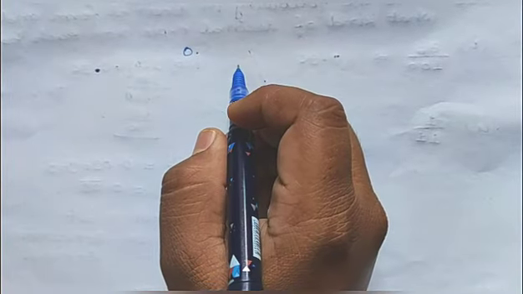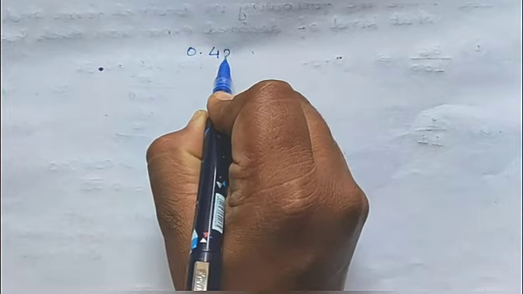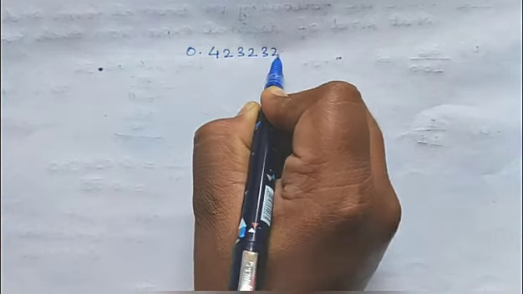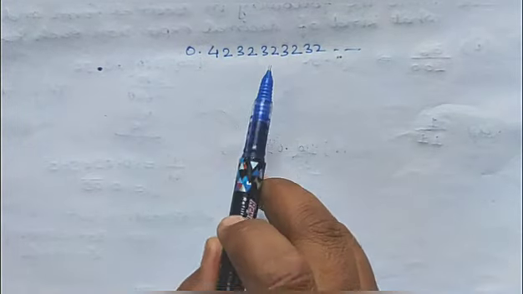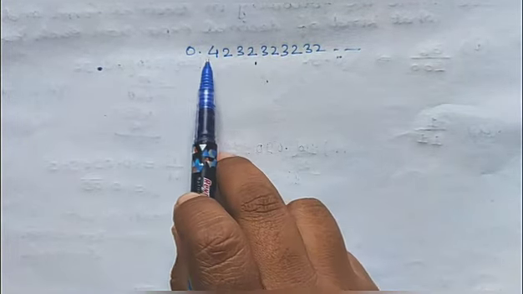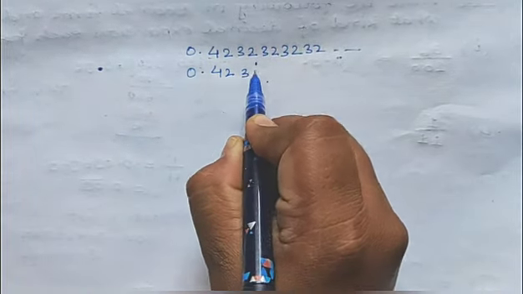See students, one more example I want to give here. If the number is like this, 0.4232323232 and so on, it means 32 is getting repeated, but after 42. So if the number is 42 and then 32 bar, how will you represent it in the form of p by q?